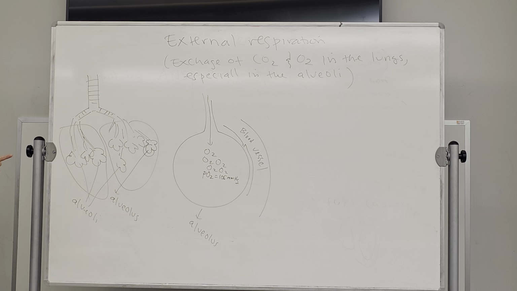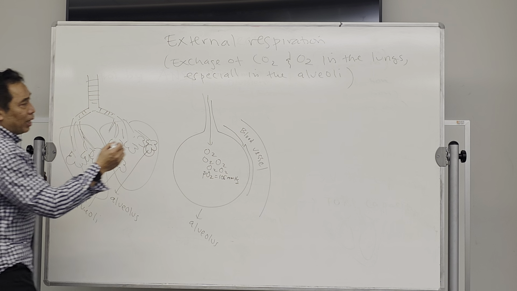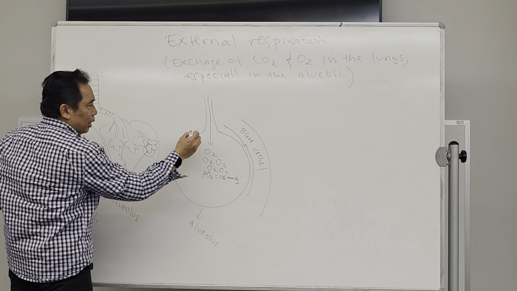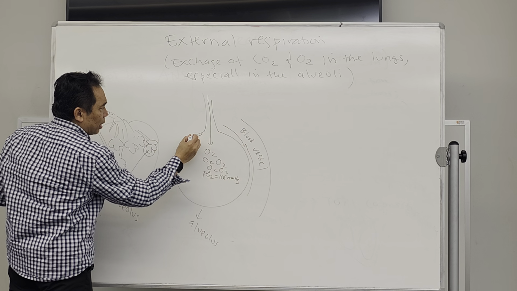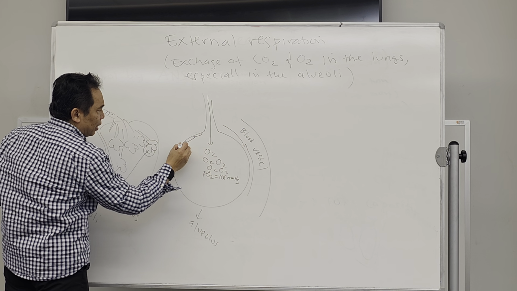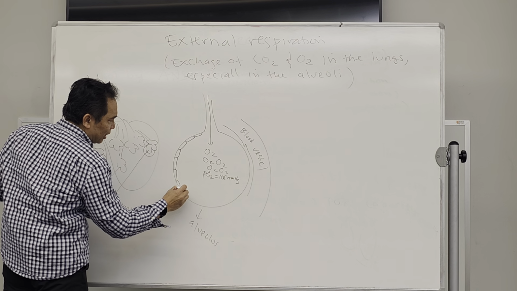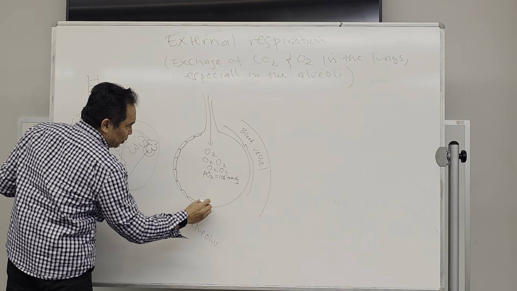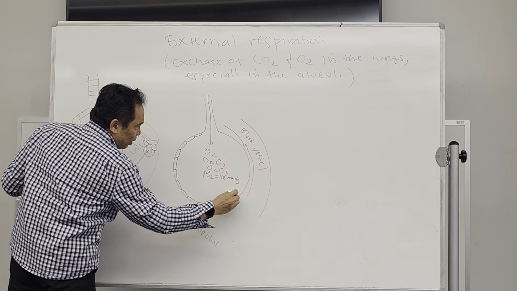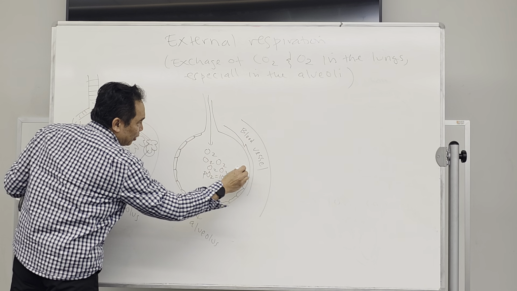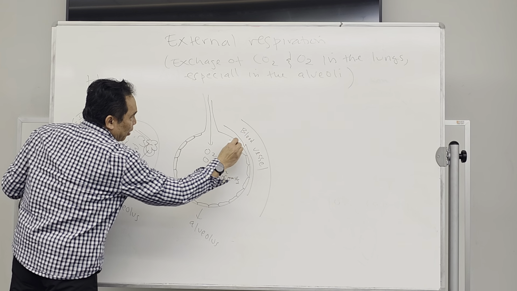Okay. Now, the layer or the wall of the alveoli consists of one layer of squamous epithelial tissue. And again, you already learned the types of tissue. One of them is called the epithelial tissue.